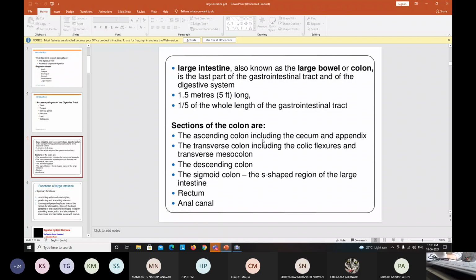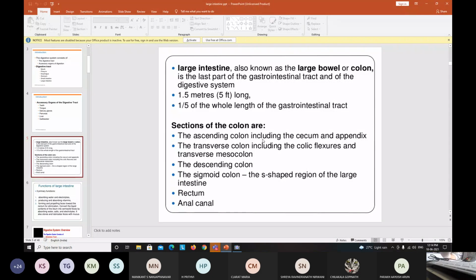So what are the parts of the large intestine? What is the last part of the small intestine? Ileum. The large intestine commences from the ileocecal junction, from the cecum.